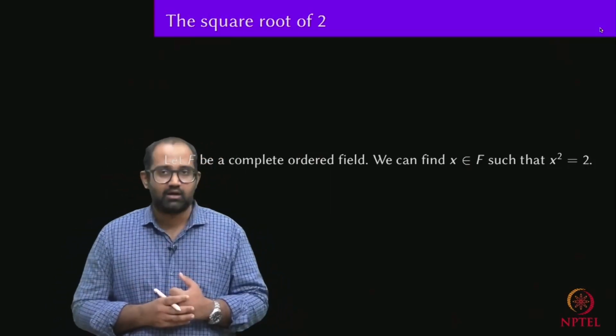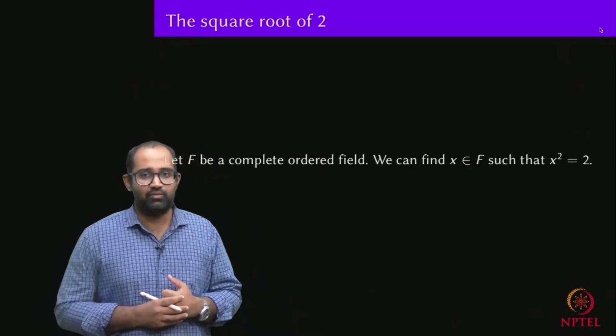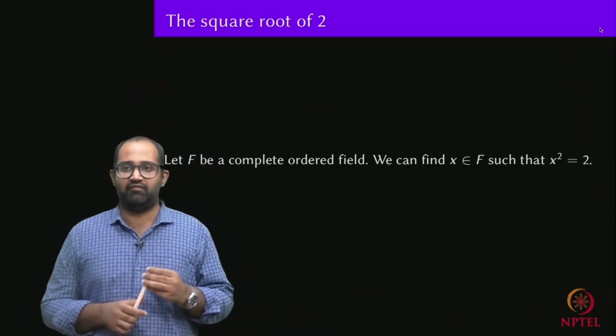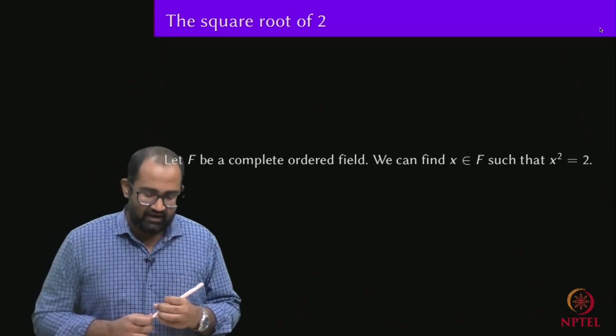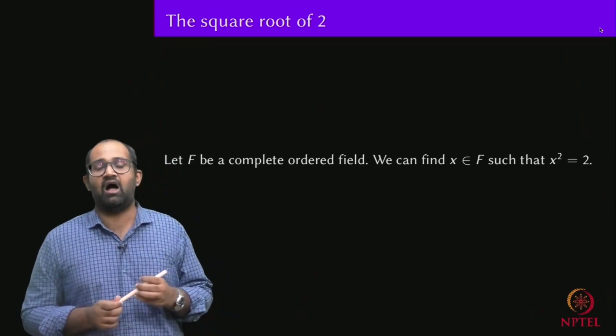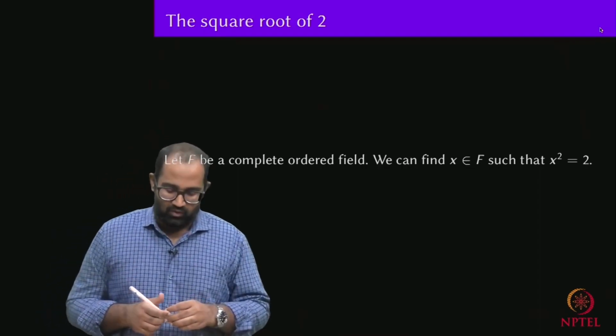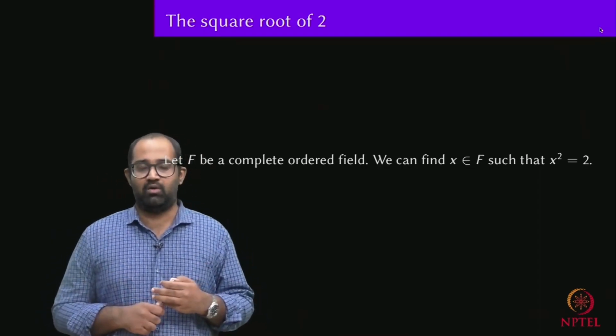We are first going to use the Archimedean property to construct a sequence of nested intervals that are shrinking and are going to surround the potential square root of 2. So, what is the candidate for square root of 2?